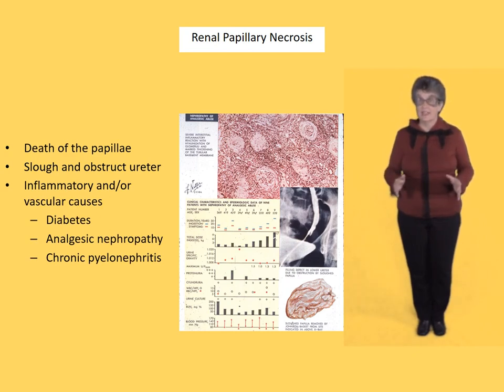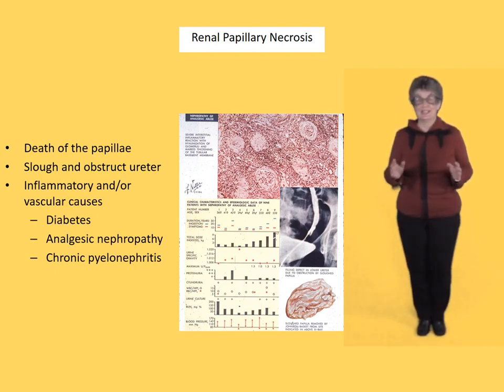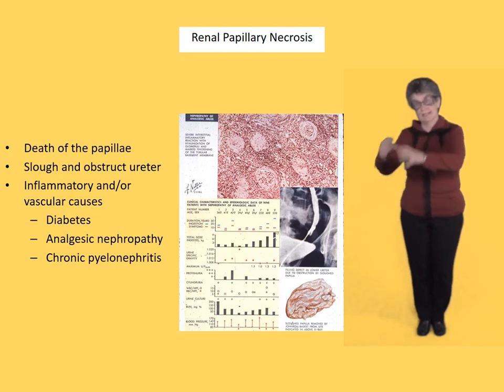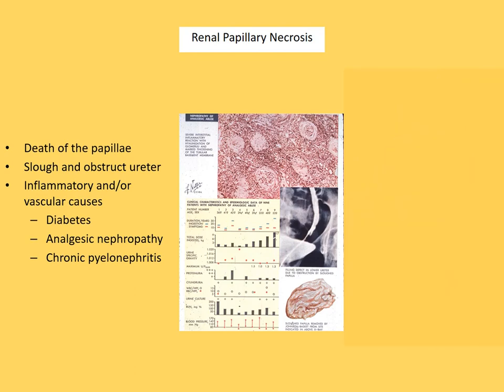And the other thing is analgesic nephropathy. So what is analgesic nephropathy? It's when people take too many non-steroidal anti-inflammatory drugs. And this again reduces the blood flow to these papillae and causes them to slough off. Mostly this doesn't happen these days because we know the danger of non-steroidals, and so are quite careful in the amount that we give people.